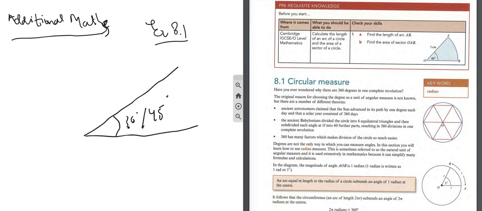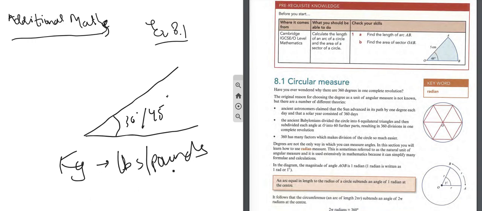Radian is just like other units, like how you can convert from kg to pounds. Kg and pounds are two different units for the same concept. Just like that, radian and degree are different units used for the same concept. So you can say that 30 degrees is equal to some radians.